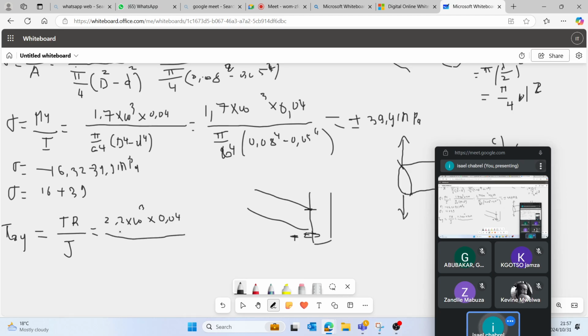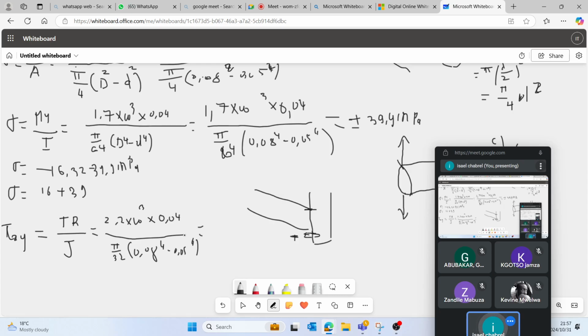Now, J is pi over 32. J is the polar moment of inertia. We've done it in strength of materials, but that was a couple of years ago. Pi over 32 is still the same thing, D to the 4 minus d to the 4. So it is 0.08 to the 4 minus 0.05 to the 4. You have the polar moment of inertia.